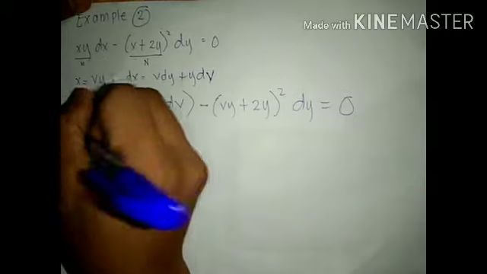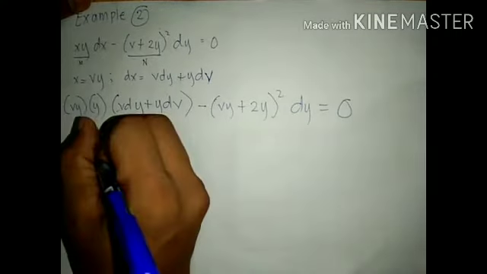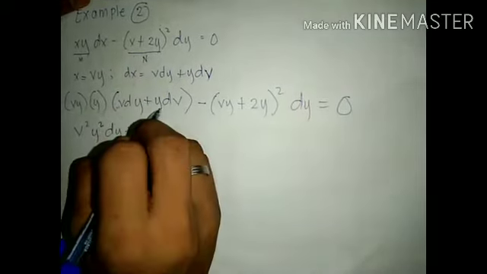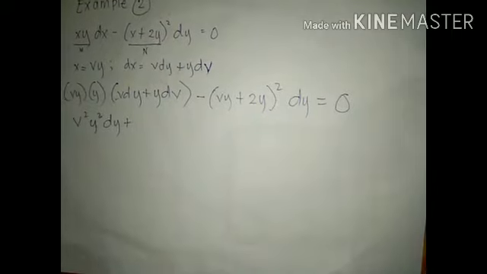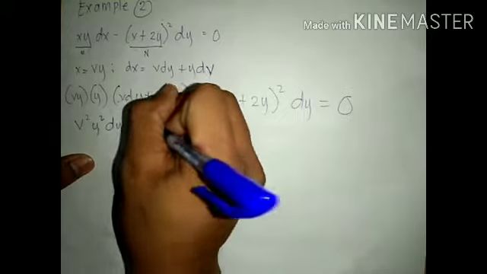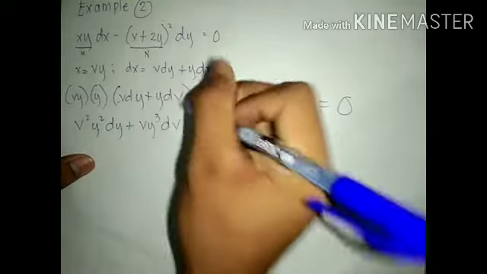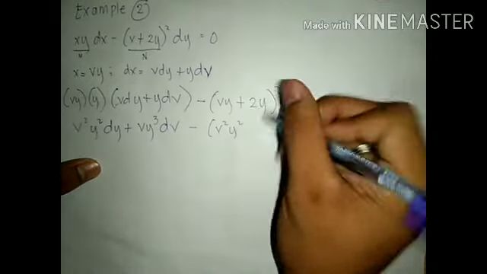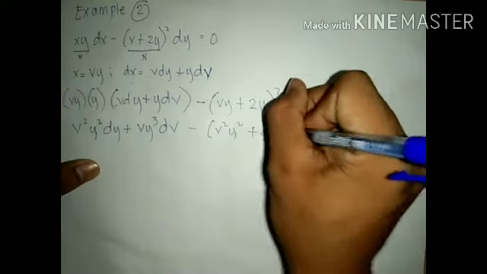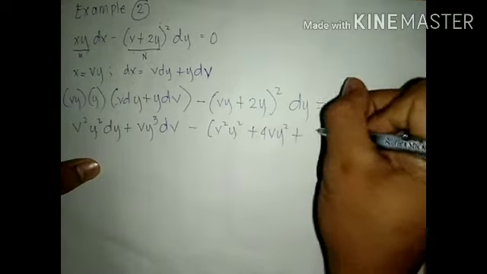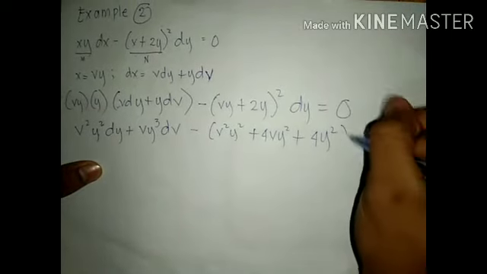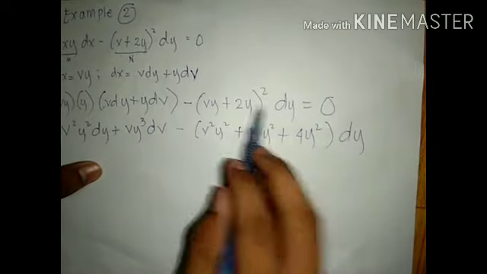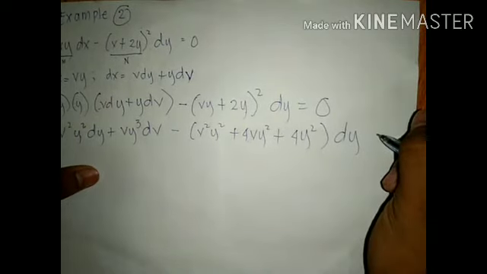So v squared y squared dy plus vy cube dv minus v squared y squared plus 4vy squared plus 4y squared dy times y squared dy is equals to 0.